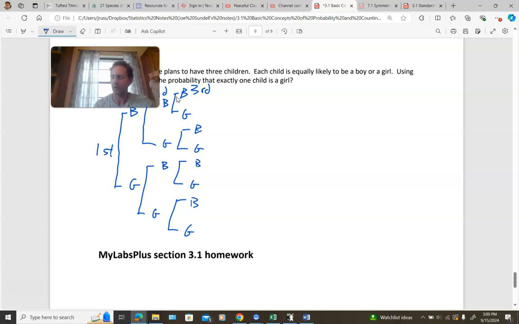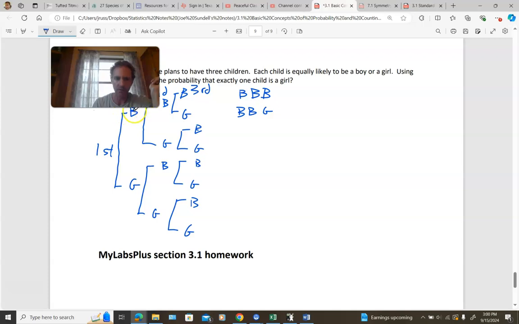So now let's look at all of our possibilities. The first one could be a boy, the second one could be a boy, and the third one could be a boy. So boy, boy, boy. Basically what you're doing now is running down each possible branch sequence. If the first one was a boy, the second one was a boy, and the third one was a girl, that gives us a boy, boy, girl outcome.